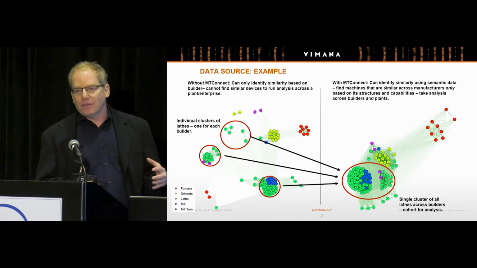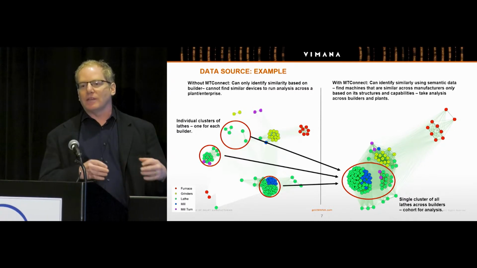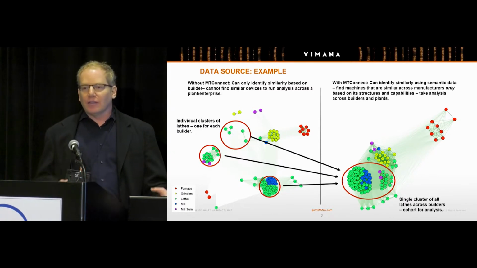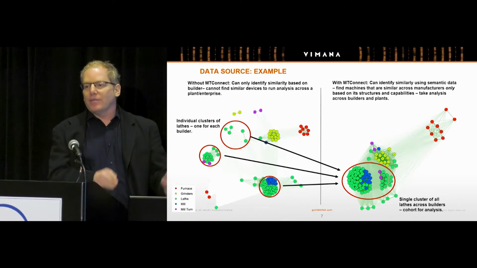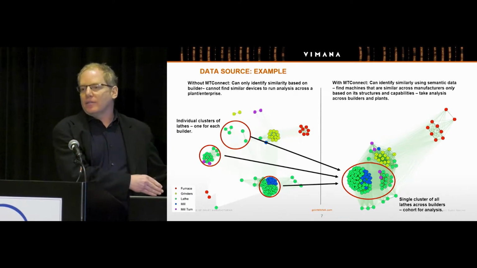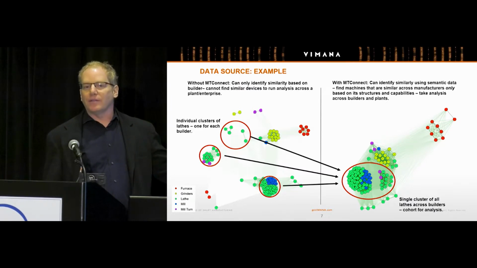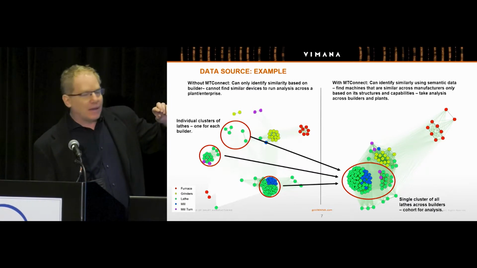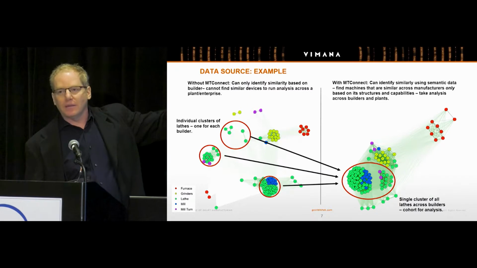So if you have a standard ontology or information model that you can use to represent that data, you can then look at it as a similar or the same set of information from every single vendor that you have out there. And that's how you scale. That's how you make it work across all the different vendors of equipment: you have to have this normalization up front of the semantics and the meaning of your data.